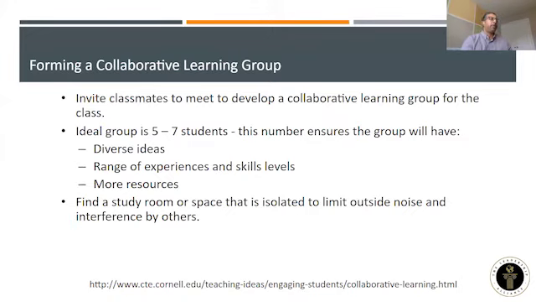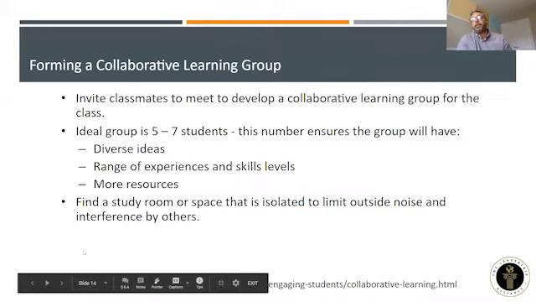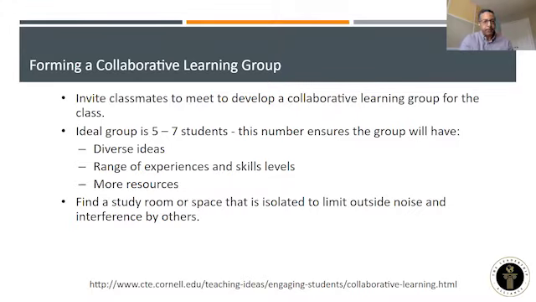I like to say form a group with a couple of people who are a little bit better than you, a couple of people that are a little bit worse, and then everybody has something to contribute to the group dynamics. And you want to find a place, obviously, in which you can actually engage in the group activities.